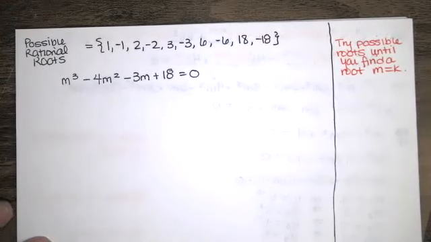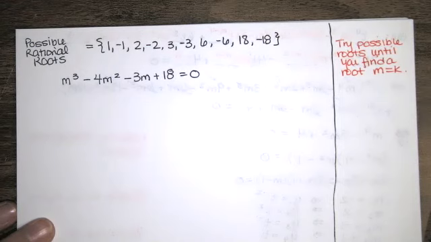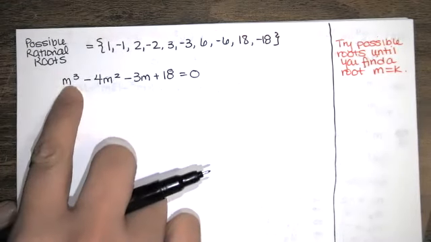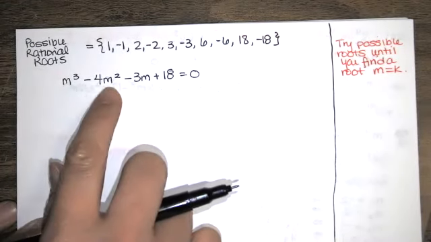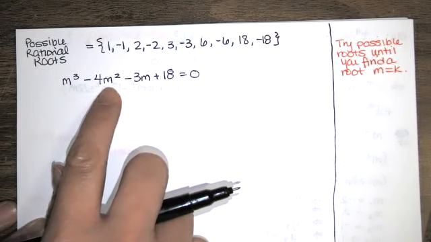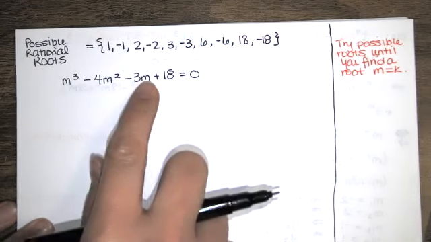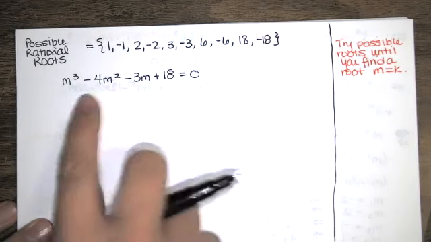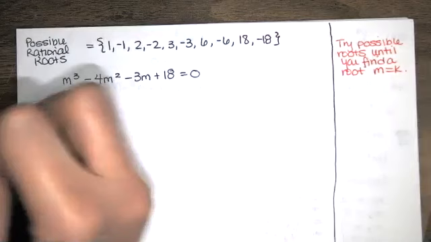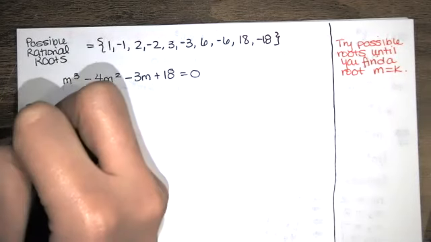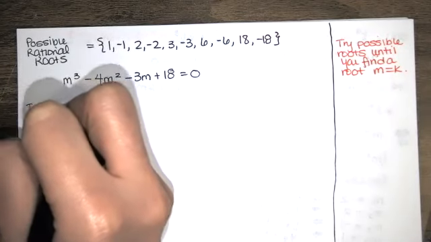Okay, so I think I want to try m equals 2. So I'm thinking maybe 8 minus 16, 8 minus 16 minus 6. Well, maybe that'll work out. So I'll try m equals 2.